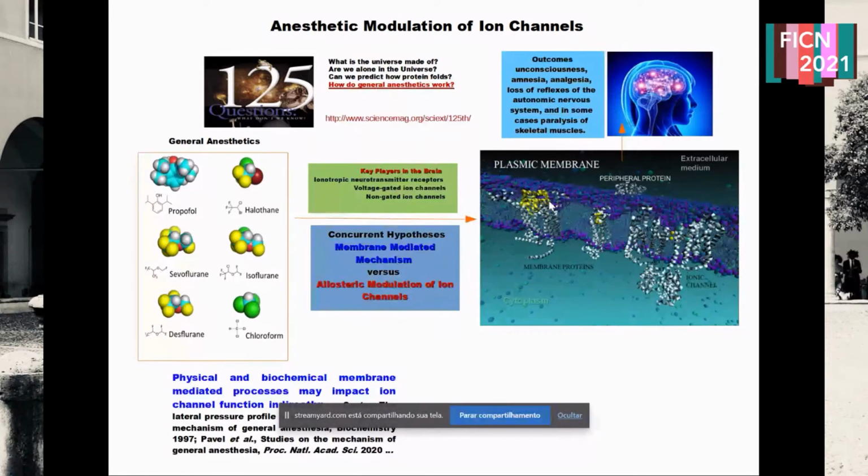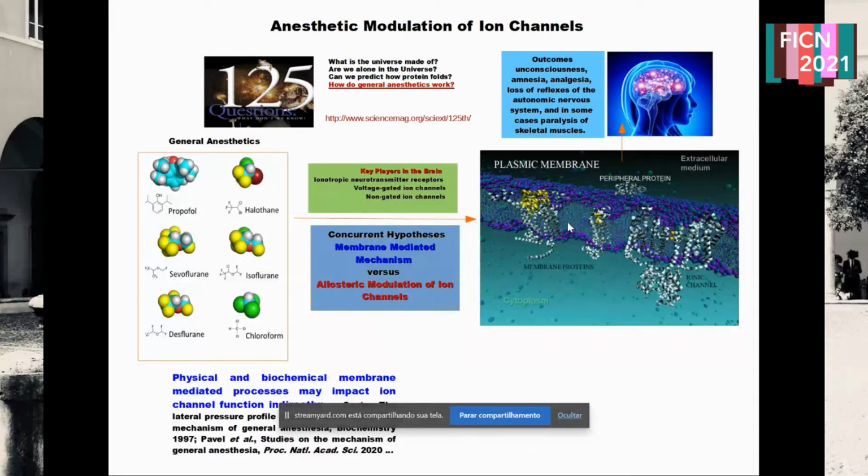For instance, the anesthetic is expected to bind the membrane and to change the lateral pressure applied on the ion channel. Or the anesthetic is expected to bind and to trigger a cascade of biochemical reactions involving lipids or second messengers that change the function of the ion channel.